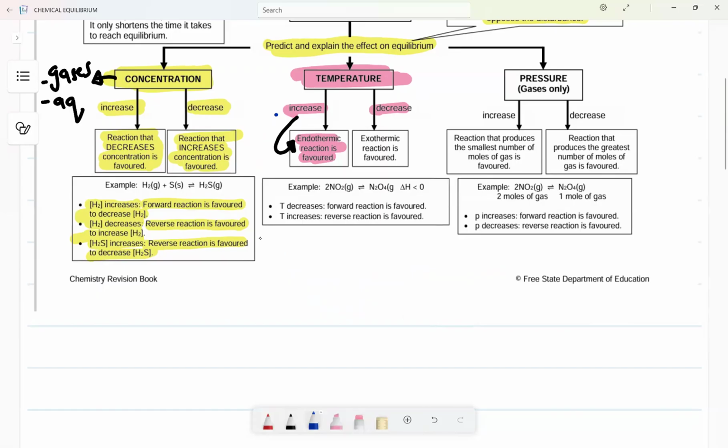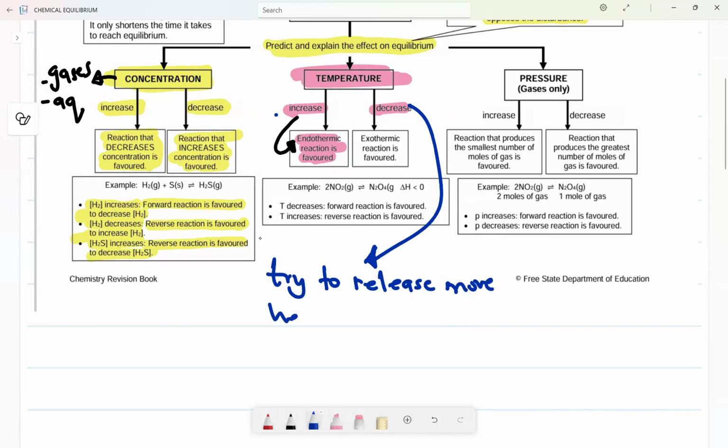We will try to release more heat because you have come and reduced our heat.